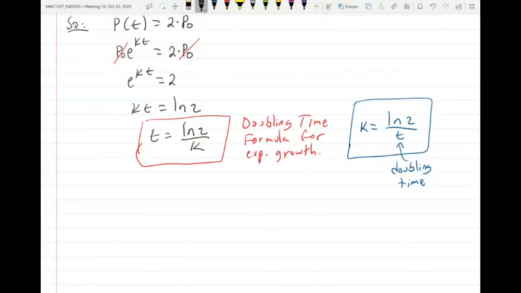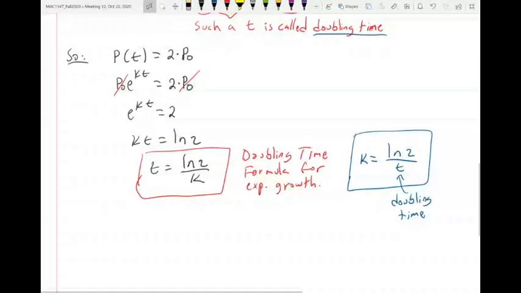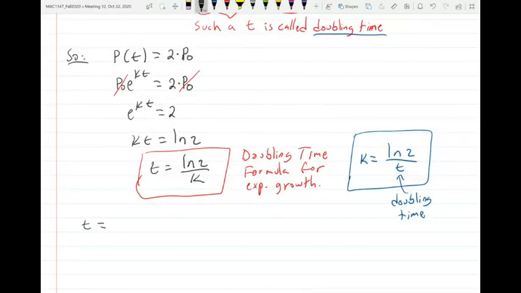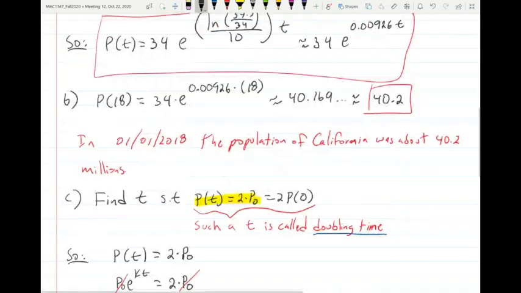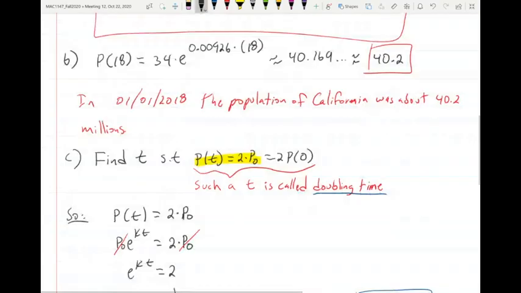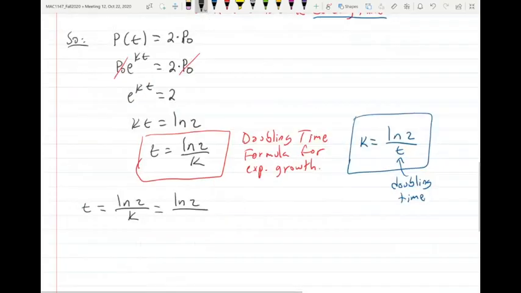Okay, so applying these to our problem, we are looking for the doubling time, and we know that this is ln of 2 divided by k. We already have k, so we figured out k, it was about 0.00926. So let's calculate the doubling time.